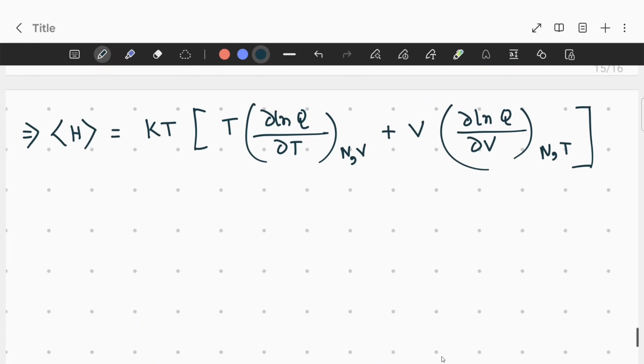So this is our Helmholtz free energy, correct? And the last one is, what, Gibbs free energy. So this is our enthalpy, sorry. And the last one is our Gibbs free energy.